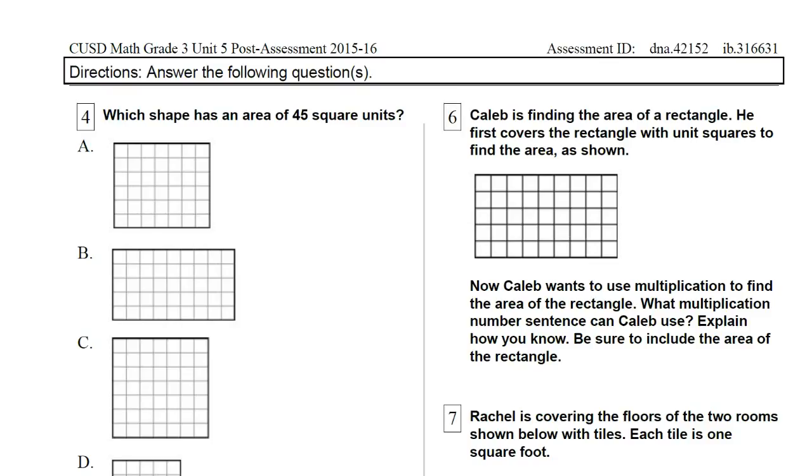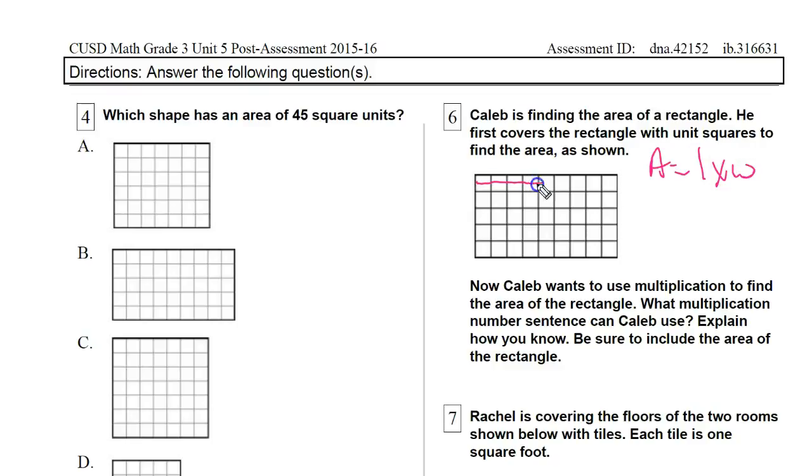Now, number 6 says Caleb is finding the area of a rectangle. He first covers the rectangle with unit squares to find the area as shown. Now, Caleb wants to use a multiplication to find the area. What multiplication number sentence can Caleb use? Well, again, what's the area again? Length times width.